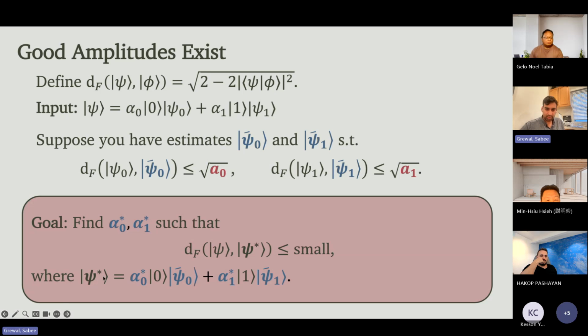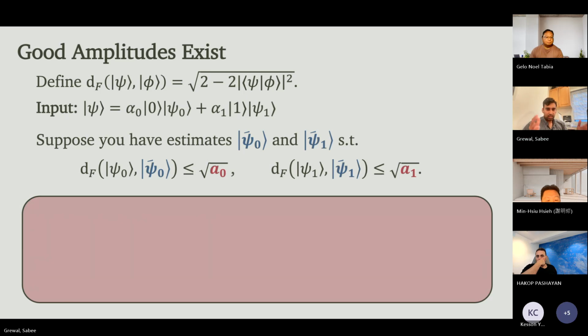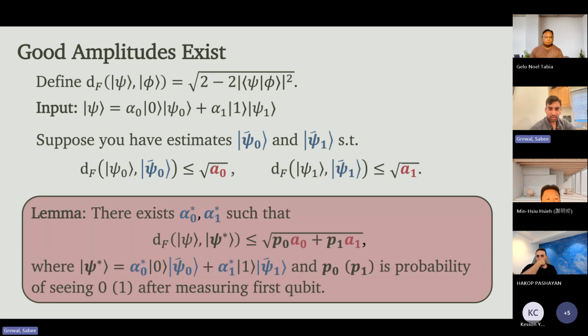Here psi star is the state you get by choosing these two amplitudes. The first lemma I want to tell you is that yes, these amplitudes do exist. There is a choice of alpha 0 star, alpha 1 star, such that this glued together state psi star is close in Frobenius distance to psi.